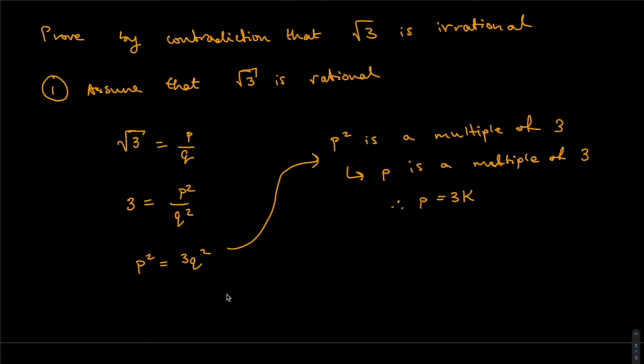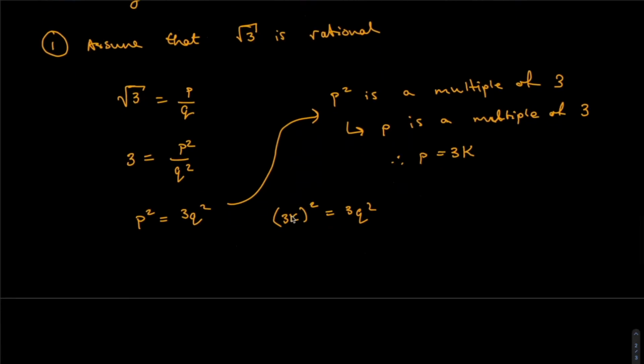So let's rewrite it. If we rewrite it, what do we have? We have 3k whole squared is equal to 3q squared. And then we have 9k squared is equal to 3q squared. So q squared is equal to 3k squared. So again, like in the question we had for square root of 2, we have a similar situation here as well.